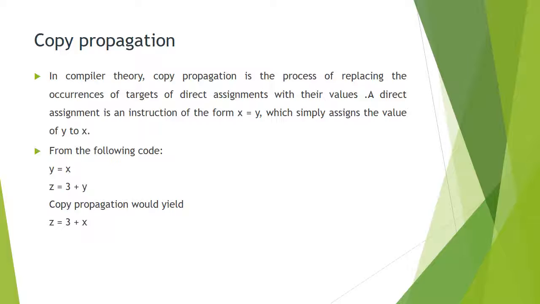So from the following code, y equal to x and z equal to 3 plus y, copy propagation would yield z equal to 3 plus x. So we can see that if we are using y in a different expression, then we can use the value of y instead of writing y.